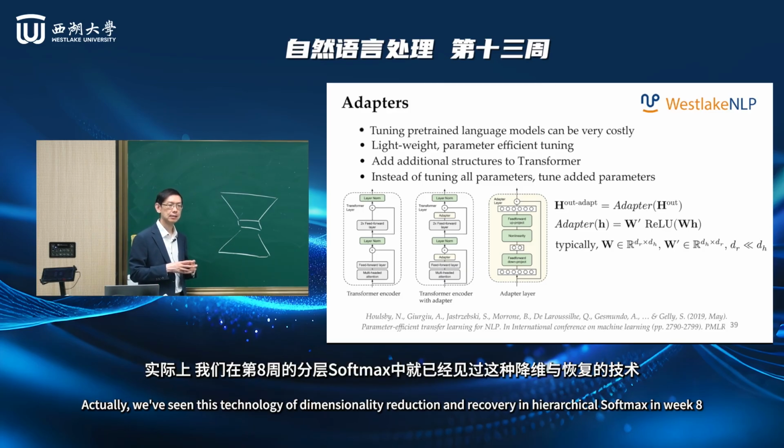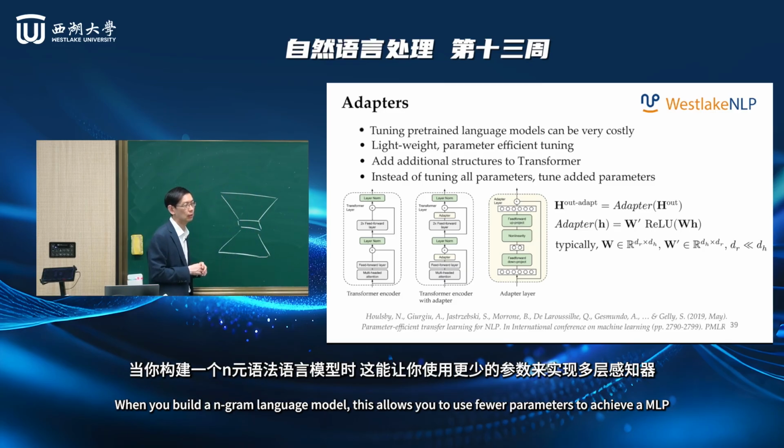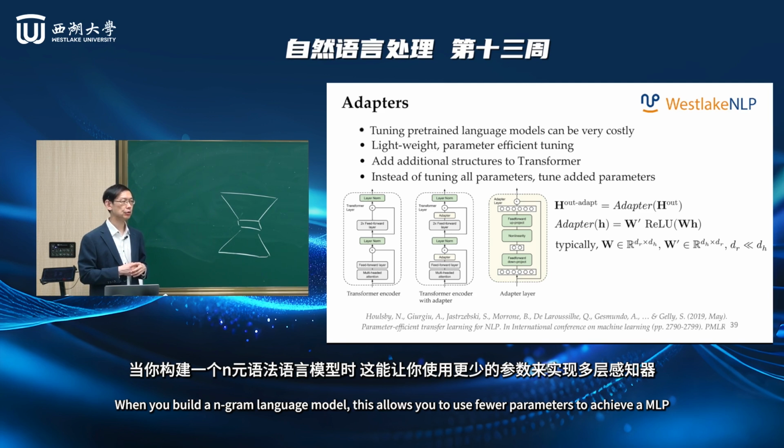Actually, we've seen this technique of dimensionality reduction and recovery in hierarchical softmax in week 8, when you build the n-gram language model. This allows you to use fewer parameters to achieve an MLP.